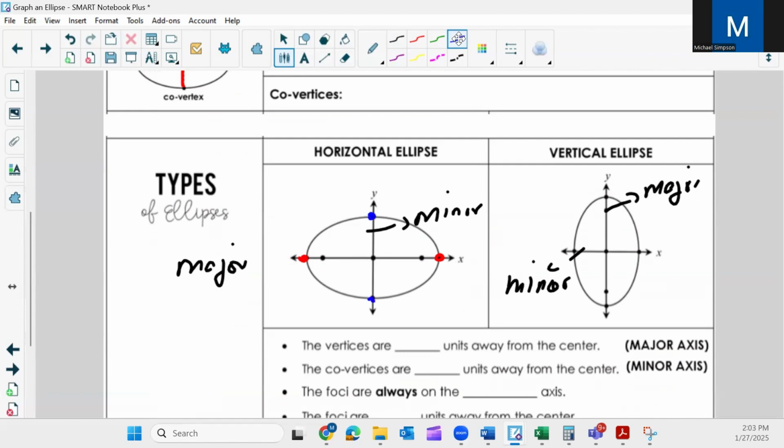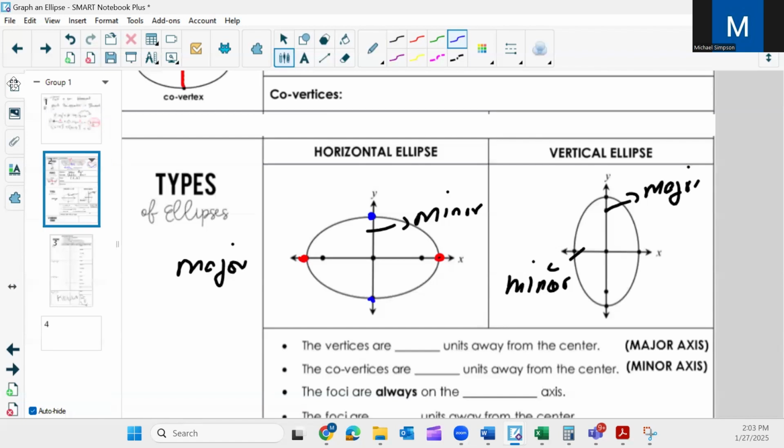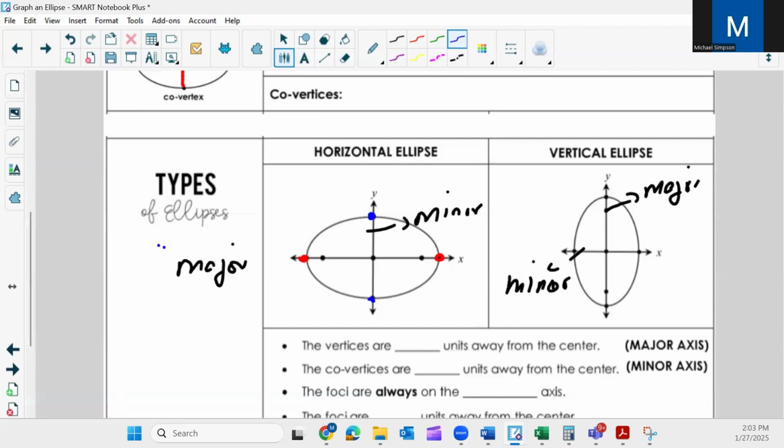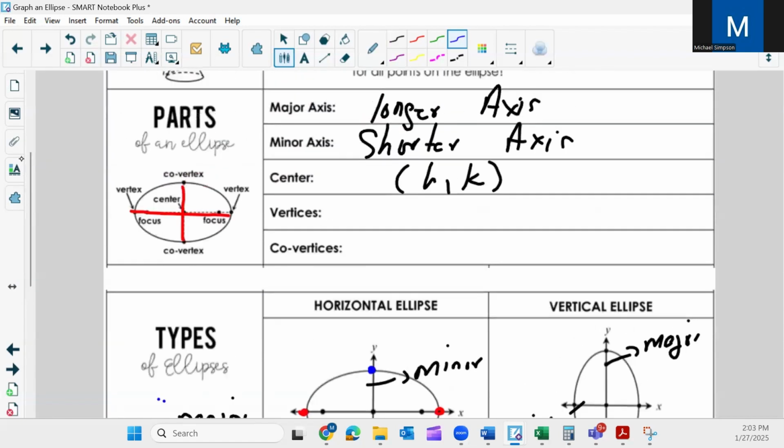All right, good so far? So vertices are the endpoints of the major axis, okay? And co-vertices are endpoints.